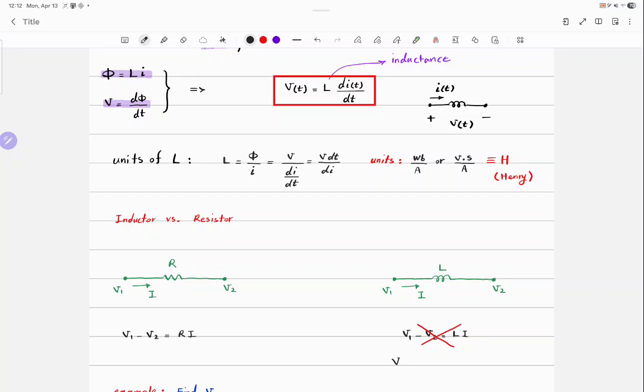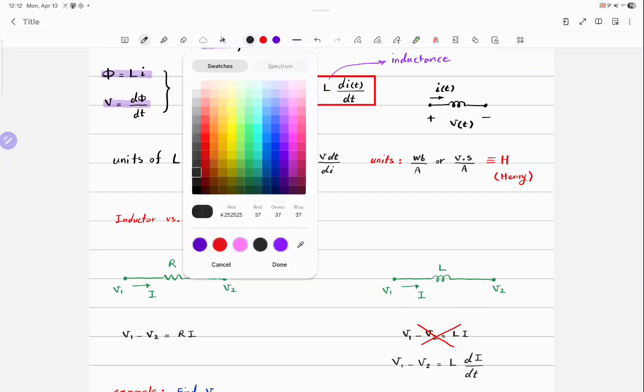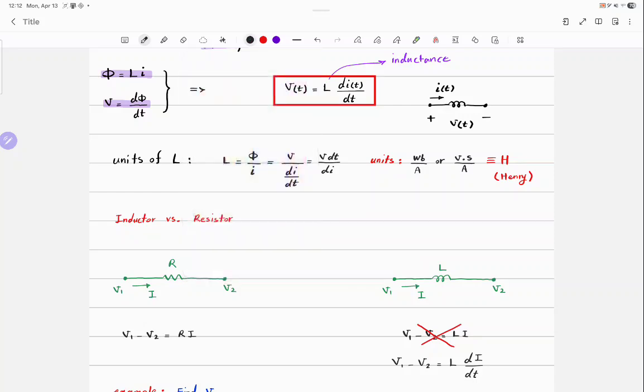Perfect. V1 minus V2 is equal to L di over dt. dt being time, the differential in time.